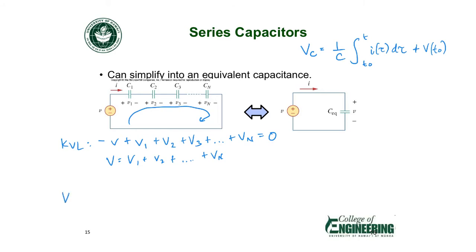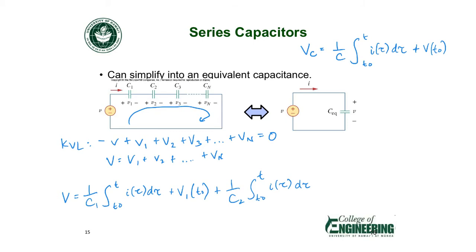And that means that V will be equal to 1 over C1 times this integral and the initial voltage V1, plus 1 over C2 times the same integral, because all of these are in series.